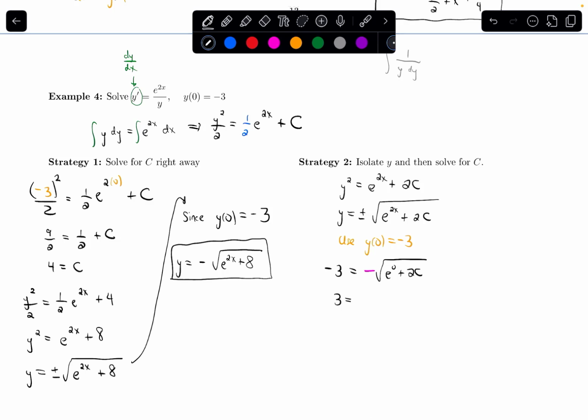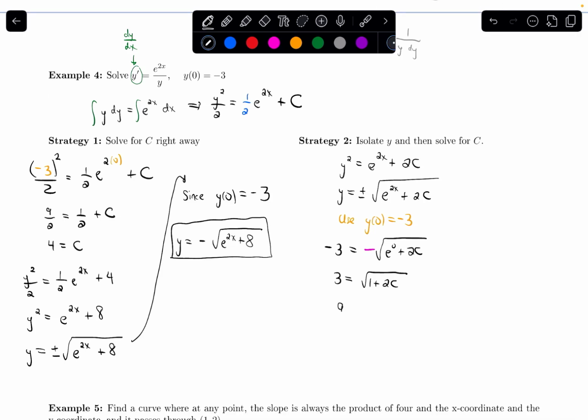So 3 equals square root of 1 plus 2c. If I square both sides, I get 9 equals 1 plus 2c. Then if I subtract the 1, I get 8 equals 2c. Actually, let's just do two steps in one: subtract 1 and divide by 2. That'll give me c equals 4. Nice.